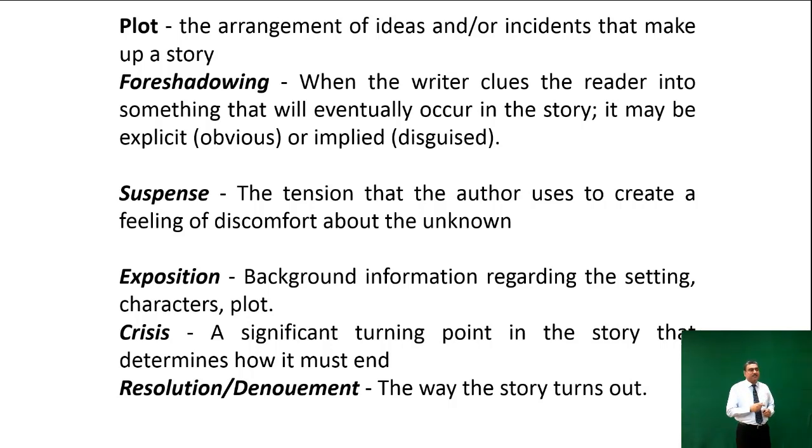Fourth, suspense. We have to note the tension that the author uses to create a feeling of discomfort about the unknown. This is what is so-called suspense. And then we may tackle exposition. It is the background information regarding the setting, characters, and the plot as we have defined earlier.